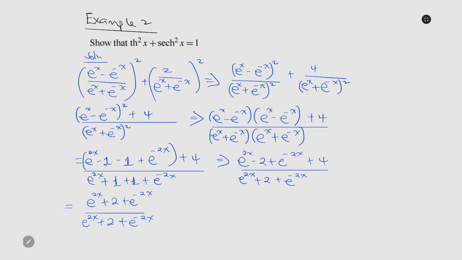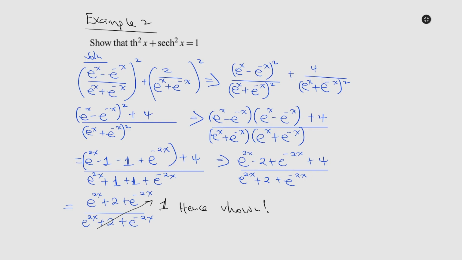So we have come to a point where the numerator and the denominator are the same to give us 1, which one is already here. So hence proven, hence shown. I hope that was clear enough.